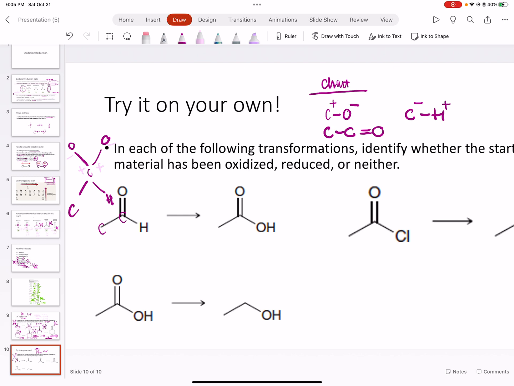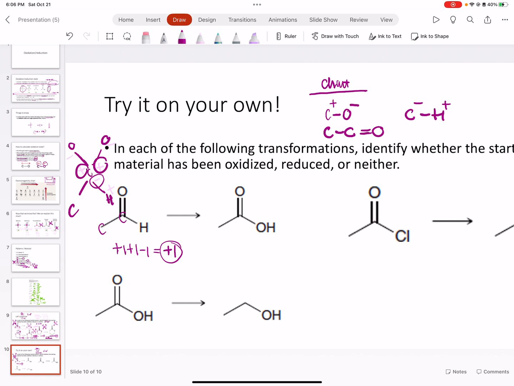Carbon, hydrogen, carbon is going to carry that negative charge and hydrogen is going to carry that positive. And carbon, carbon, we don't care about it. So then what's surrounding that carbon? We have positive 1 and negative 1, which will give us an oxidation state of +1.